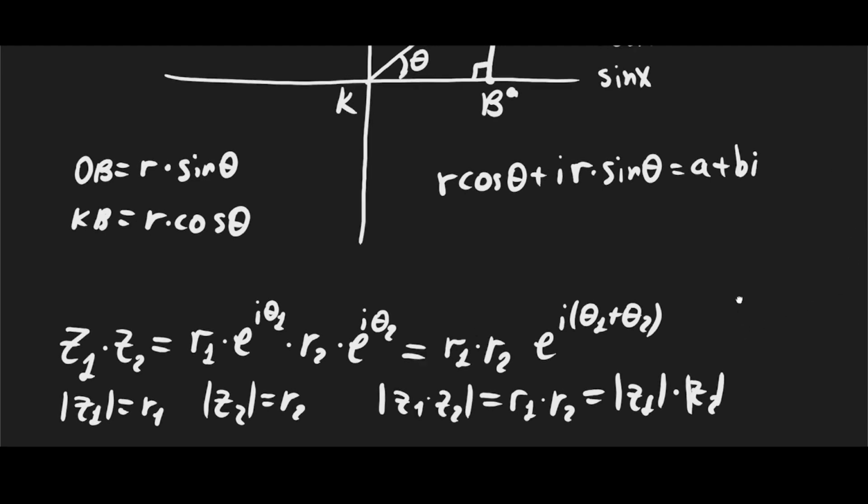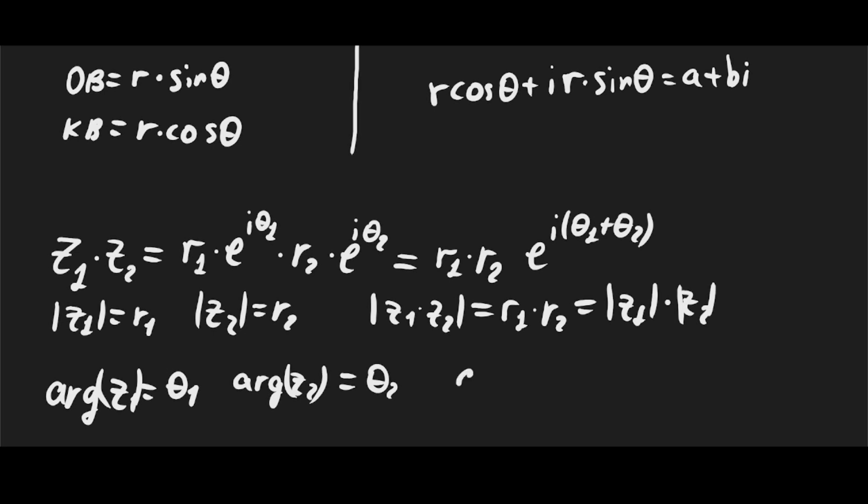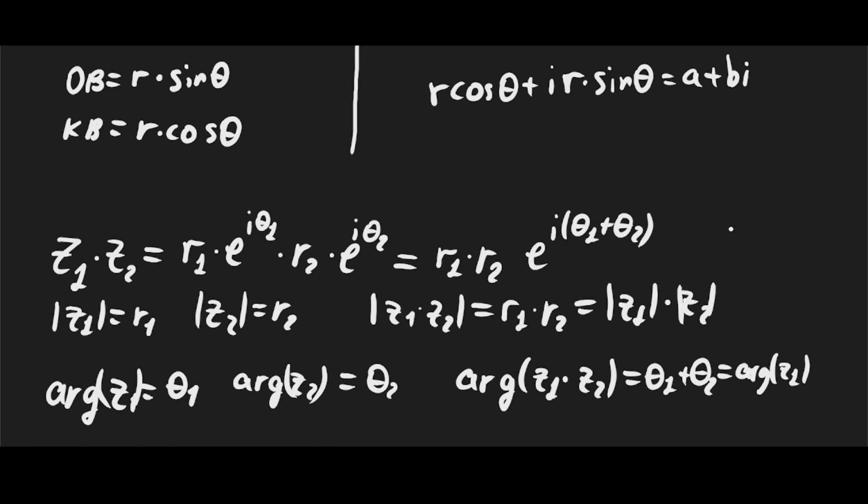And what can be said about the angles? Angles are also called arguments. The argument of z1 is theta 1, and the argument of z2 is theta 2. The argument of z1 times z2 would be theta 1 plus theta 2, and clearly this equals the argument of z1 plus the argument of z2.